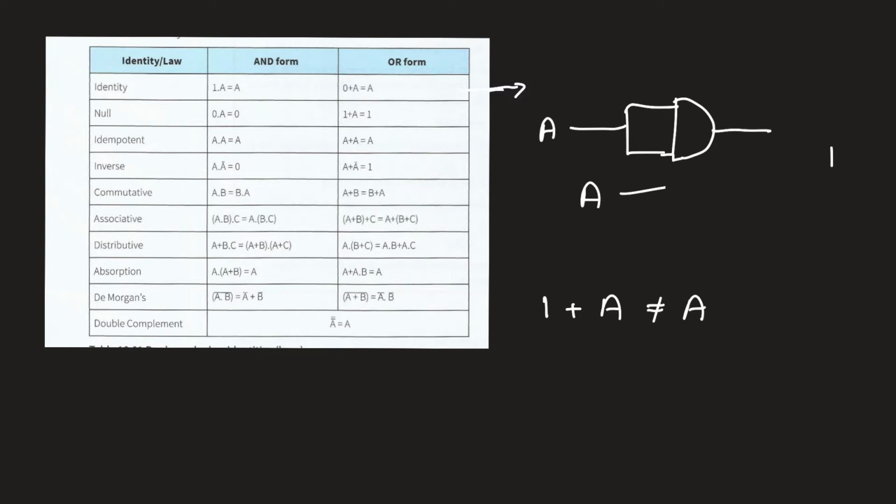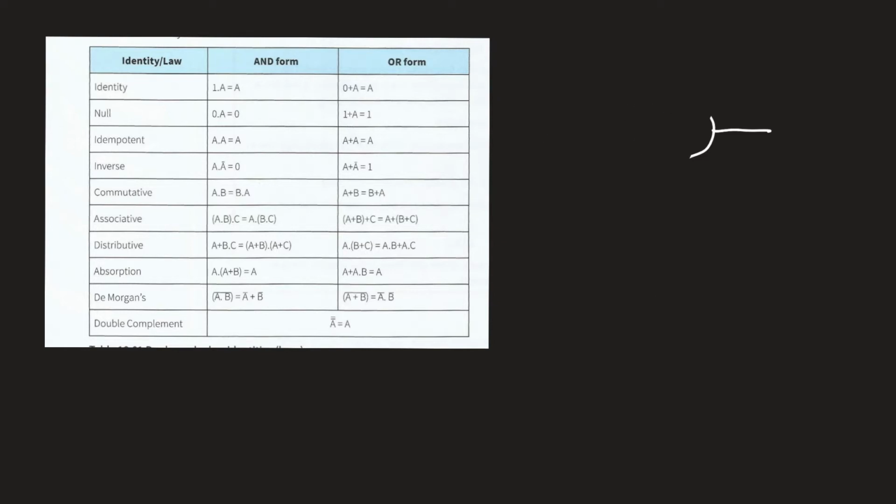Now, if the value of a is 0, both of these will be 0, and our output will also be 0. If our value for a is 1, our output will also be 1. For the OR gate, it's the same thing. If you have similar inputs, the output will be the same.